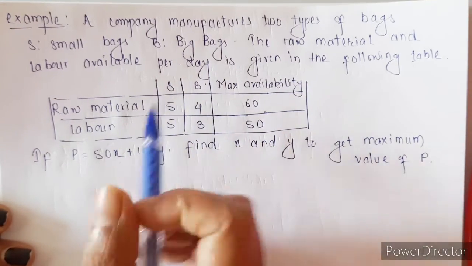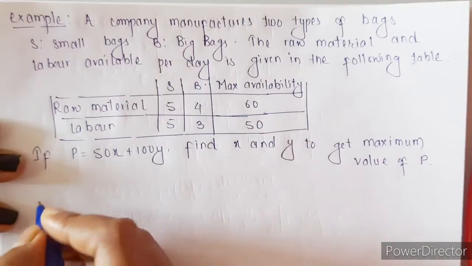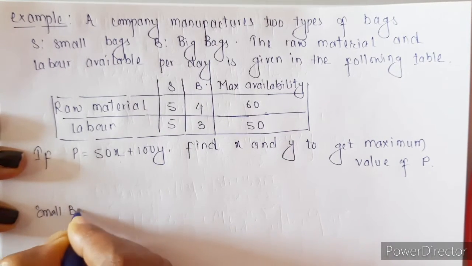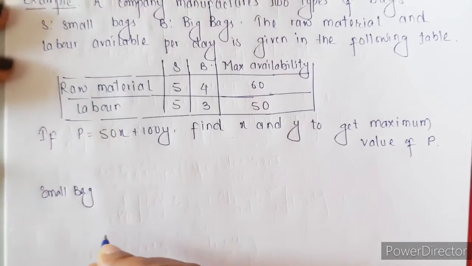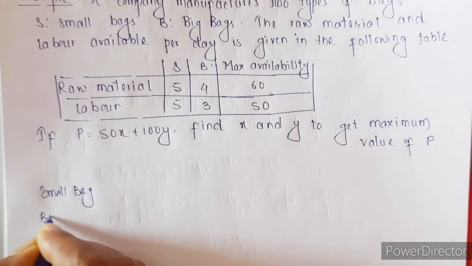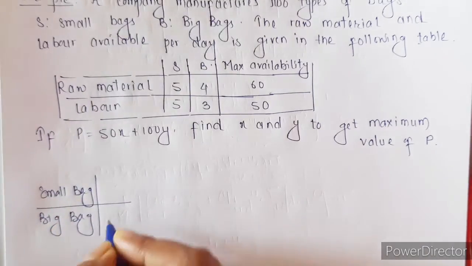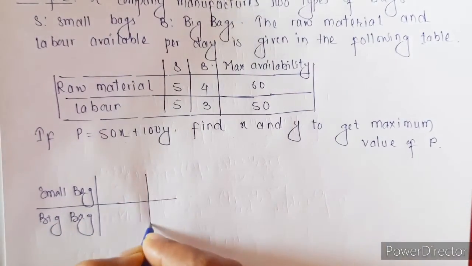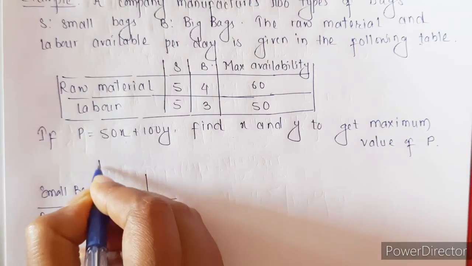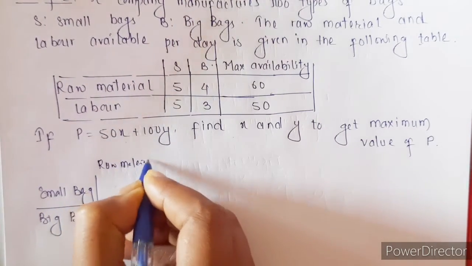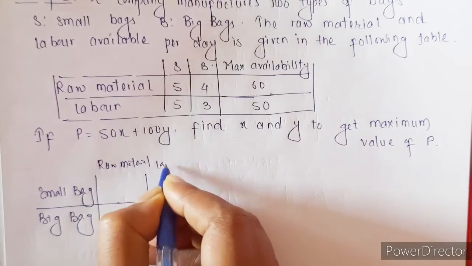Now for manufacturing small bag, and we have big bag. Now for manufacturing this, we require raw material and we require labor.